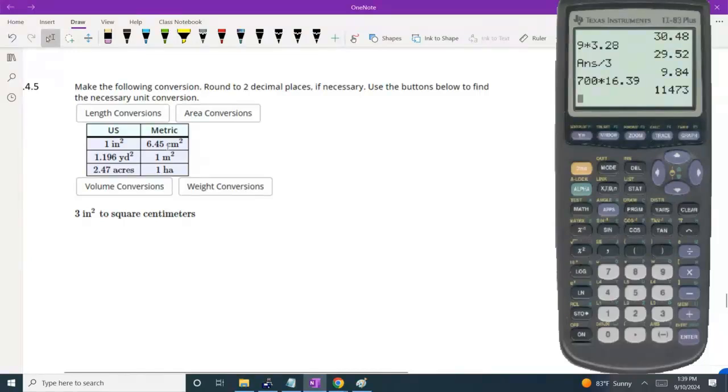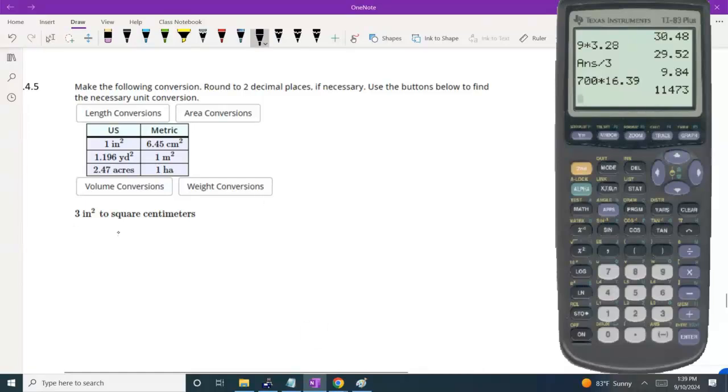Normally when you have to use more than 1 unit fraction, that is in length, because there are measurements like 1 foot is 12 inches. But if you're dealing with cubic inches and volume, that would actually require another conversion. So they actually give you all the conversions you need for area, volume, and weight.